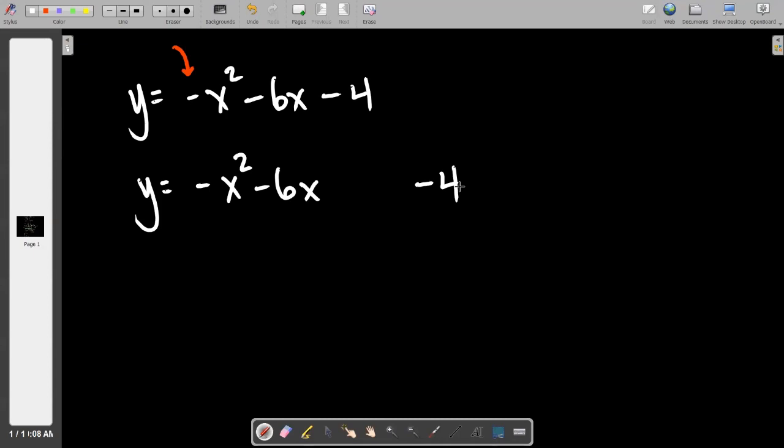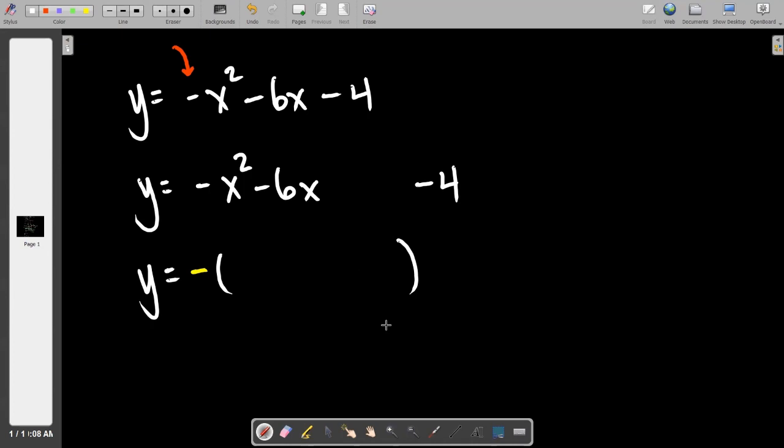So in this case, that means I'm going to write it as y equals, and I'm going to pull out a negative, and I'm going to reconstruct. Now, notice that my set of parentheses might seem a little bit longer than it needs to be. Well, that's because I want to leave room in there, that landing pad for where I'm going to complete the square.